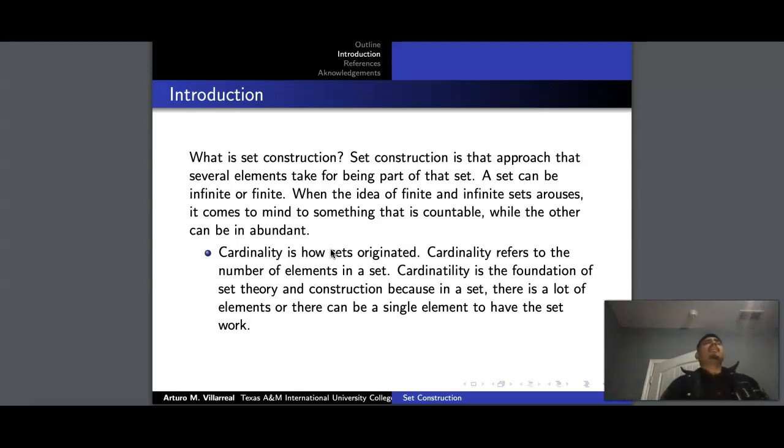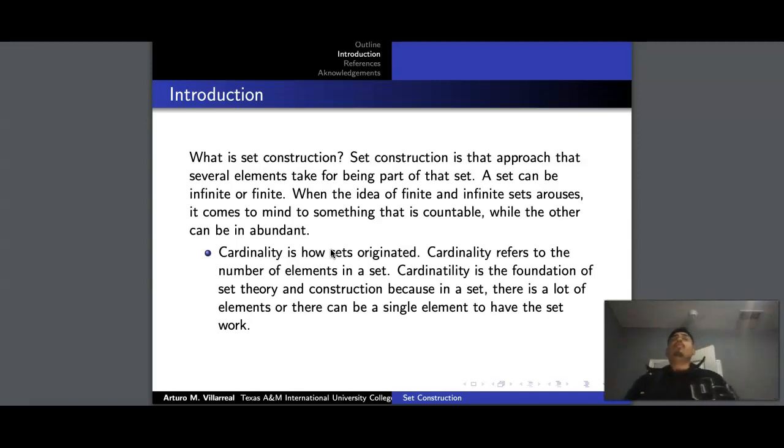It is basically all those sets that have too many elements. Finite sets are those whose elements are countable. Cardinality is basically the foundation of set construction, because cardinality is the idea that counts how many elements are part of the set.